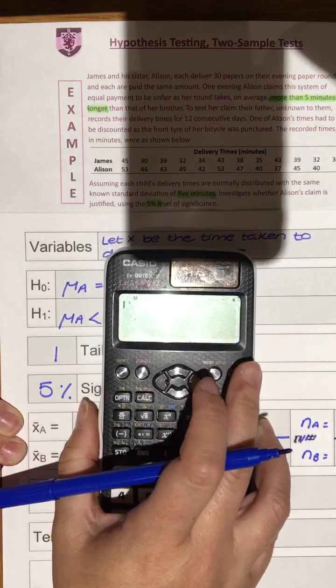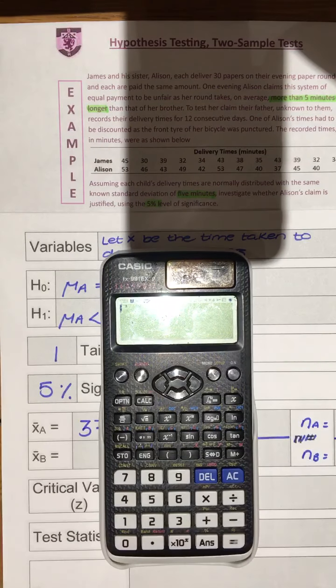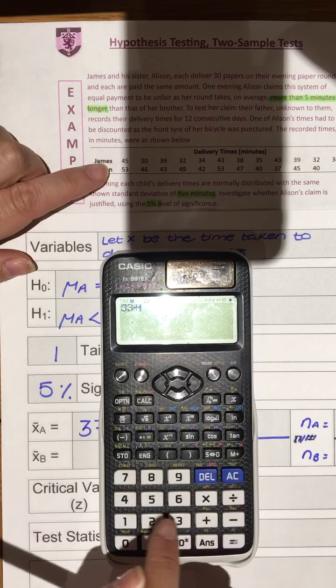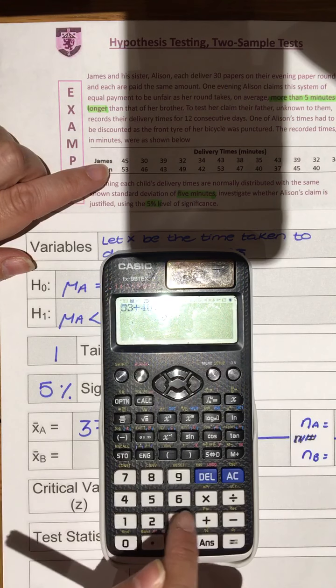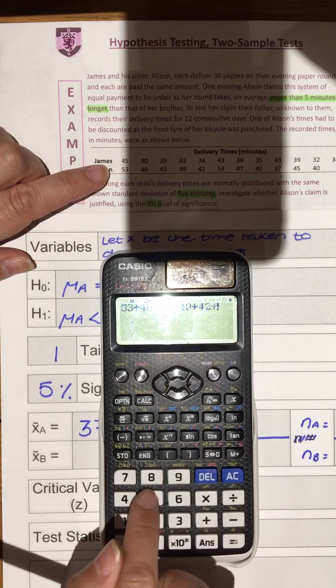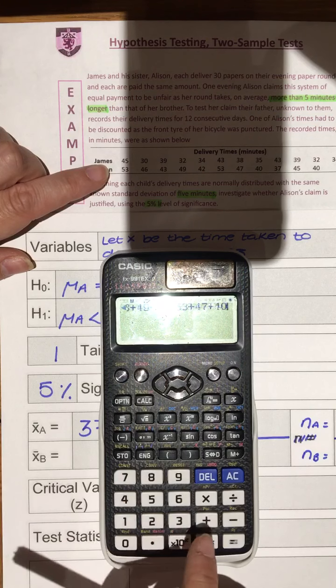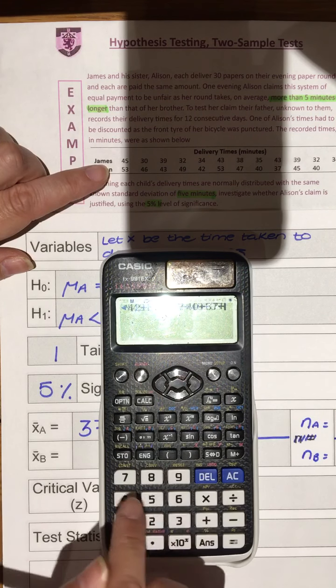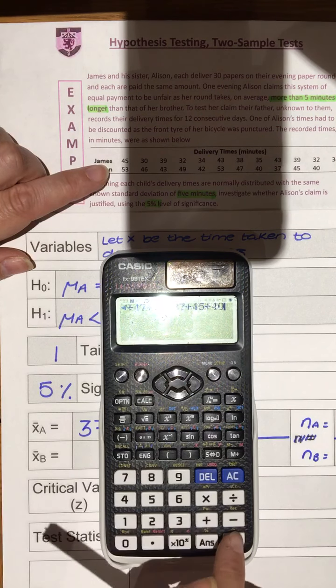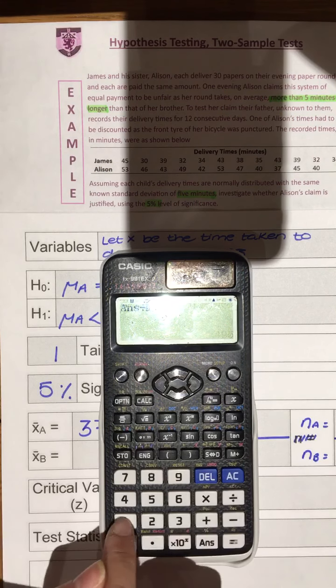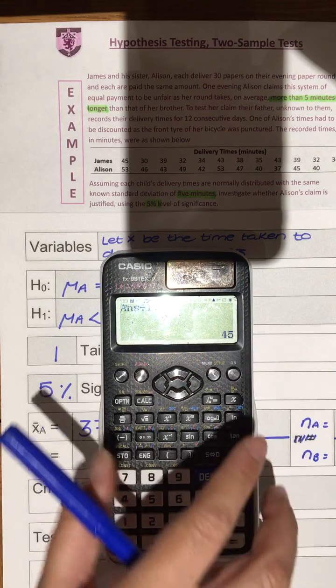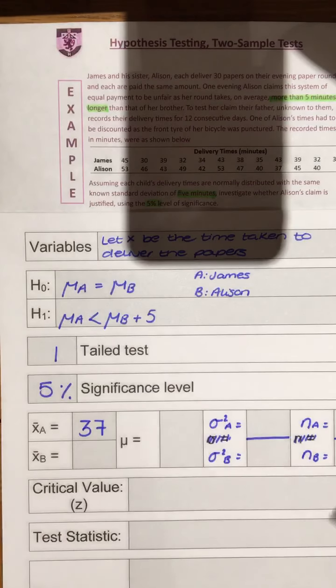And for Alison, we have 53, 46, 43, 49, 42, 53, 47, 40, 37, 45 and 40, and she only had 11 times if you remember correctly, so her average is 45.